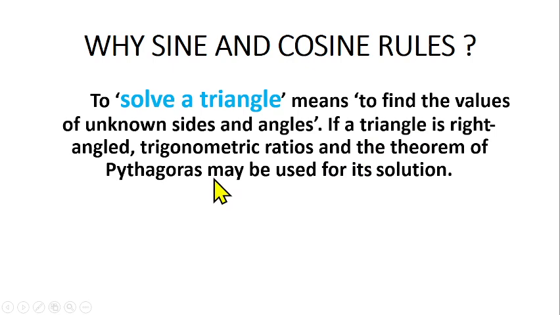If the triangle is a right angle triangle, we know the principles to apply, which we discussed in the previous videos on trigonometric ratio and Pythagoras theorem. If you want to resolve the angles and sides of a right angle triangle, the only principles we can apply are trigonometric ratio and Pythagoras theorem.